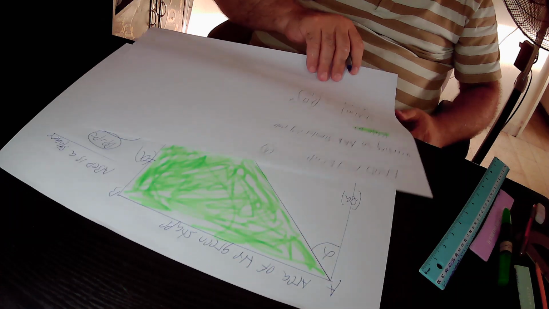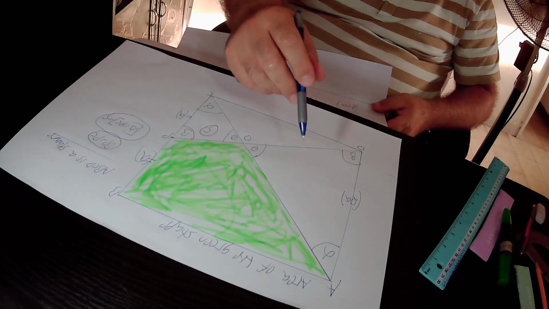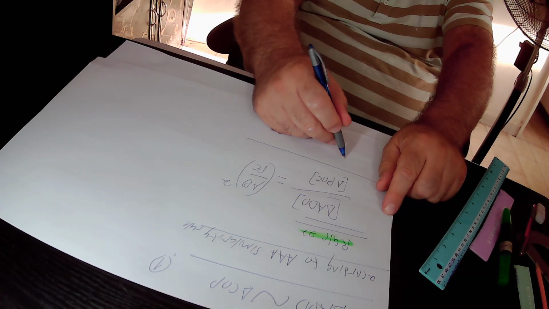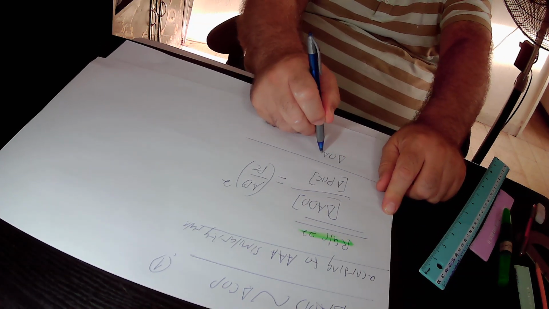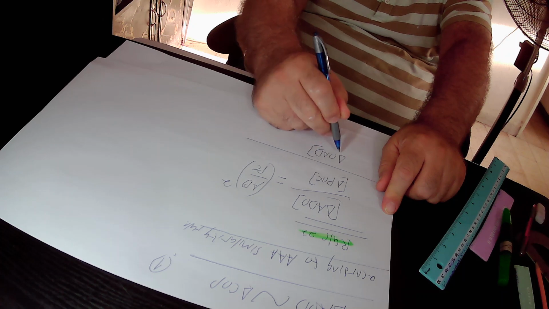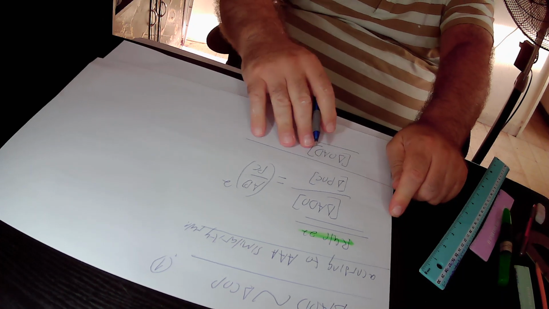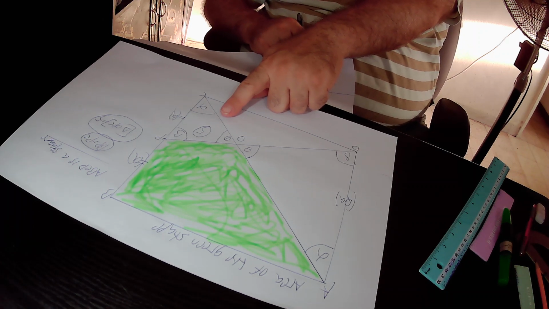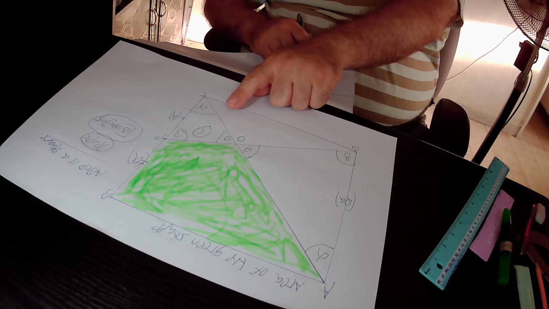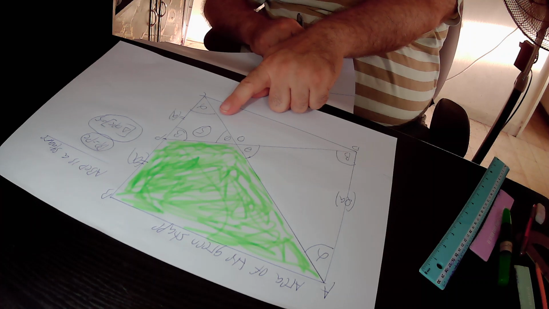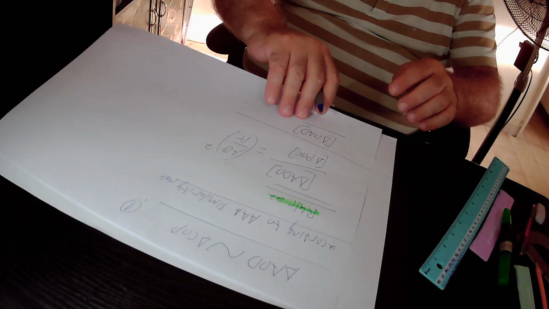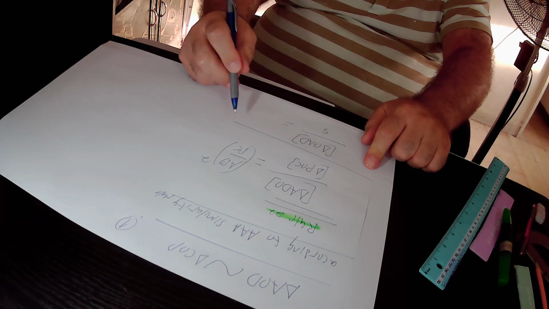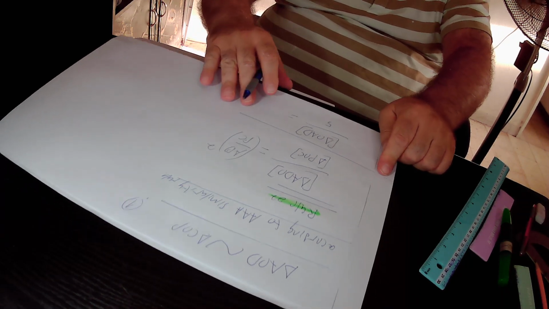The area of triangle AOD is unknown, so we leave it as it is. Over the area of this triangle POC, it is given in the question that the area of this small triangle POC is equal to 5 square units. So we substitute the area of triangle POC by 5, and it is equal to AD over PC squared.